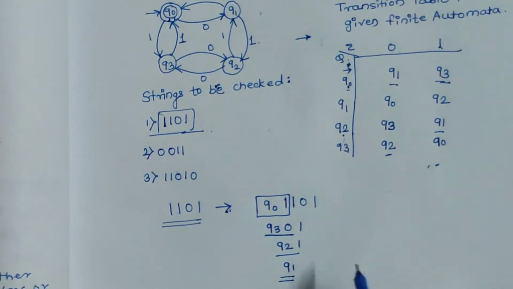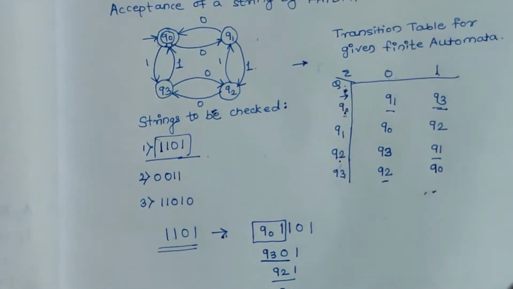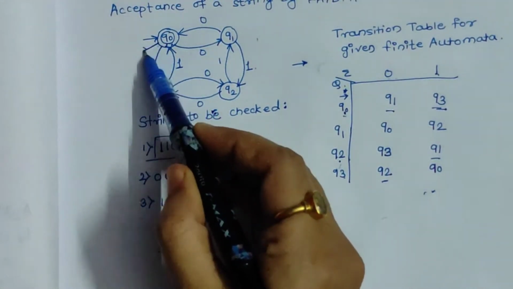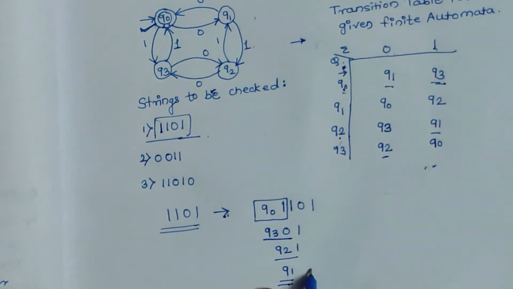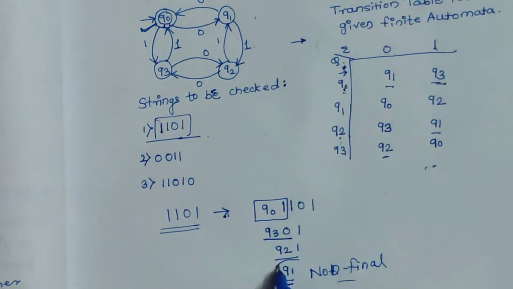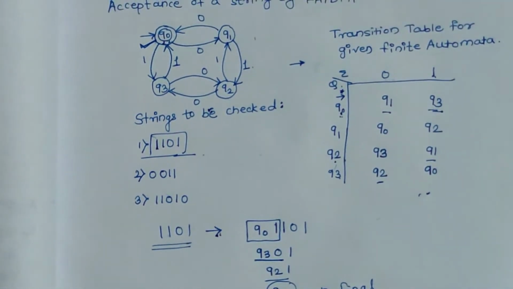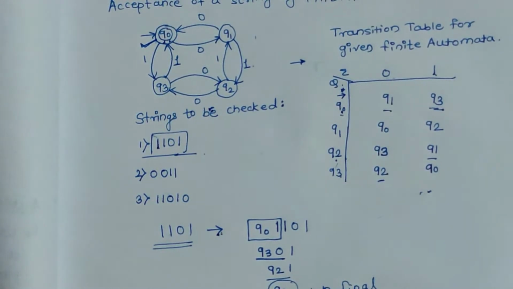But you can see here Q1 is not a final state. The final state is Q0. If at the end we end at a final state, that string will be acceptable. But Q1 is a non-final state, so this string will be rejected. This is how you check whether a string will be accepted by the given DFA or not.